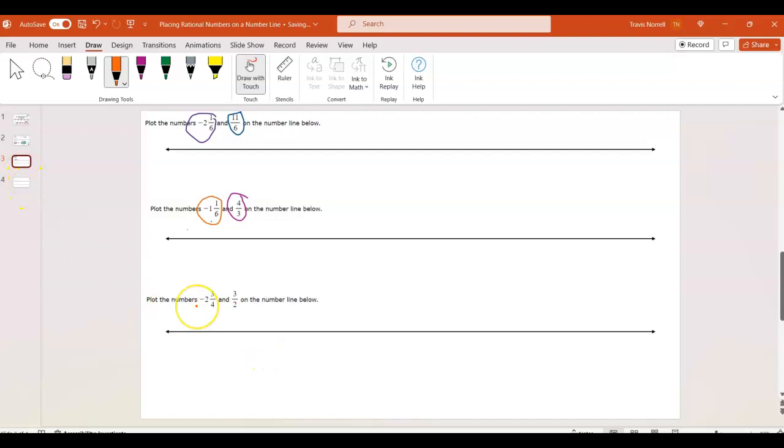All right. Let's think about -2 and 3/4 and +3/2. Okay, let's go all the way to -3 and we'll come up here to +3, which means we'll put 0 in the middle.